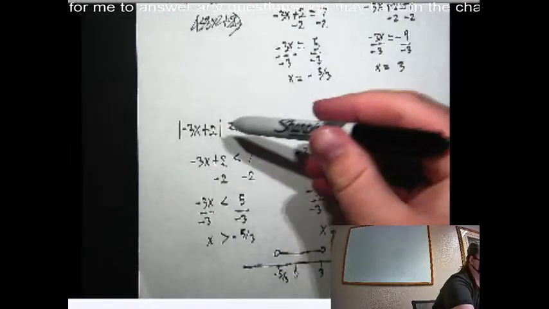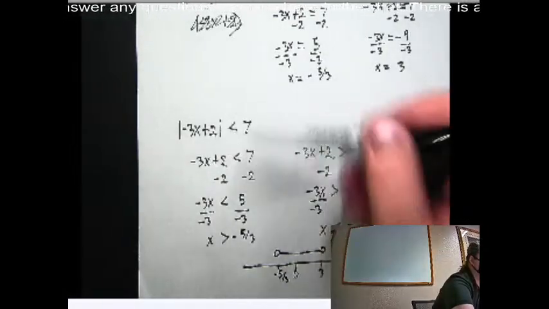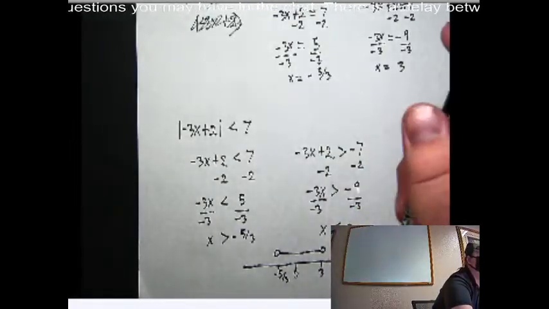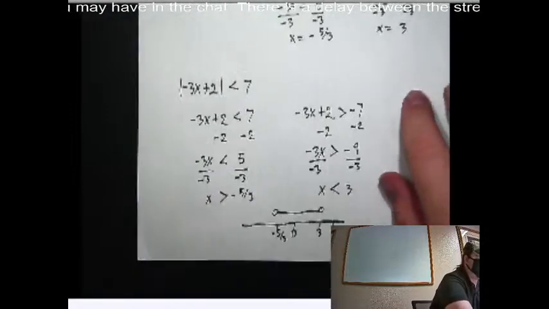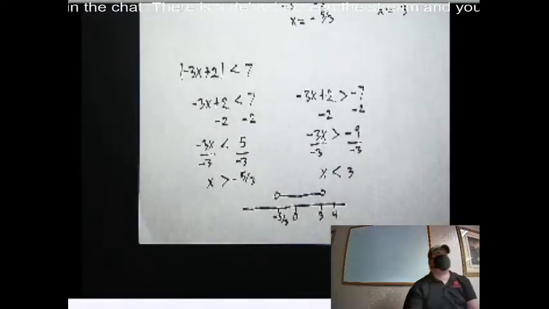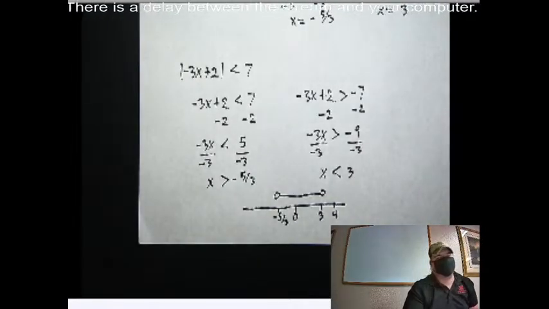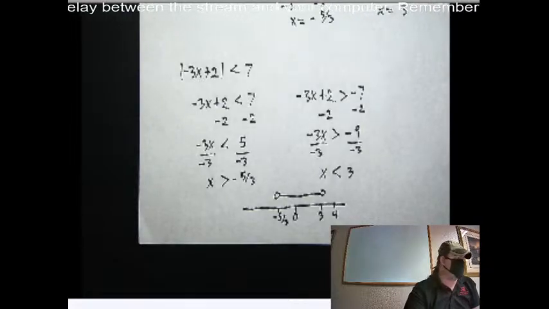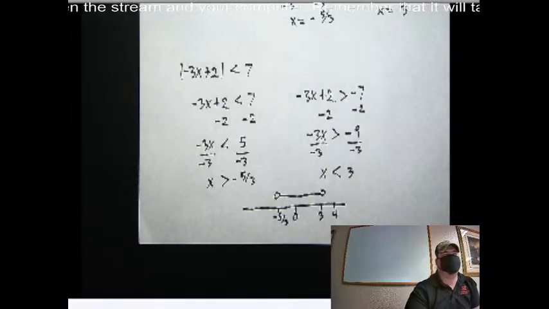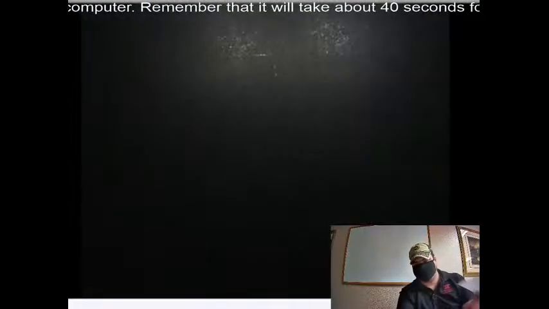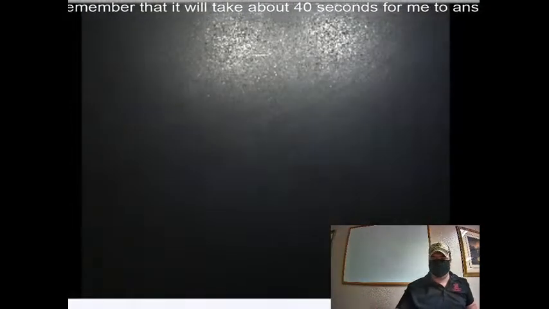Absolute value of negative 10? 10. Is that less than 7? No. Okay, so our solution set works. Any questions? None? All right. Doing pretty good.